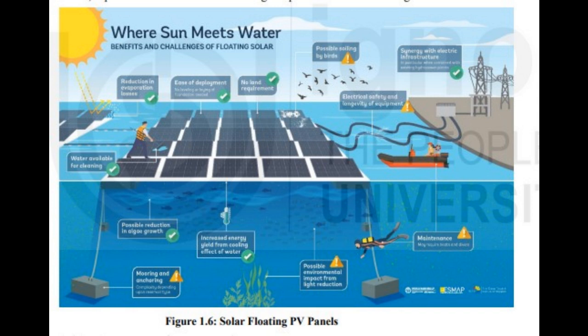Finally, floating solar panels are a source of clean, renewable electricity. The use of renewable energy technologies helps reduce emissions of greenhouse gases and other pollutants into the atmosphere, leaving a positive impact on the natural environment as well as on human health.